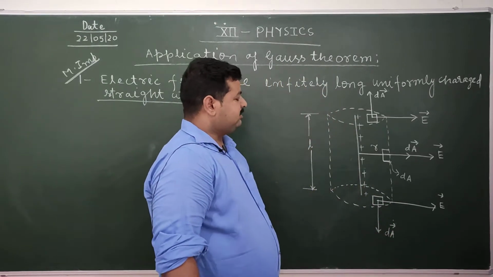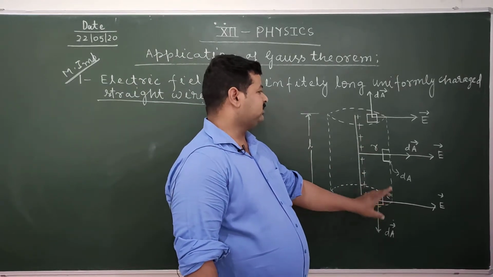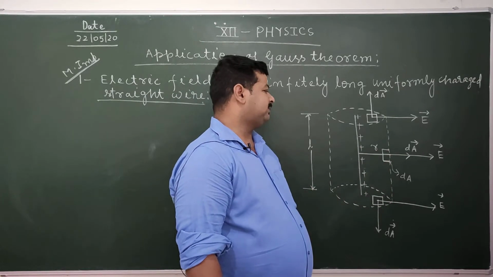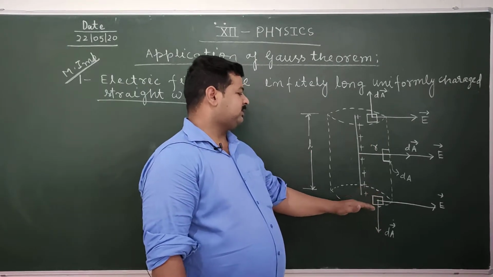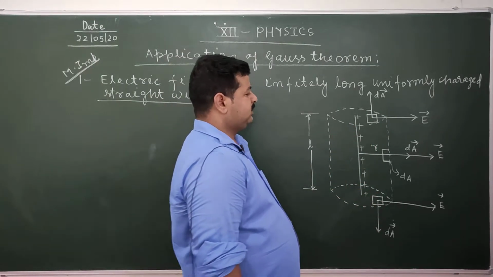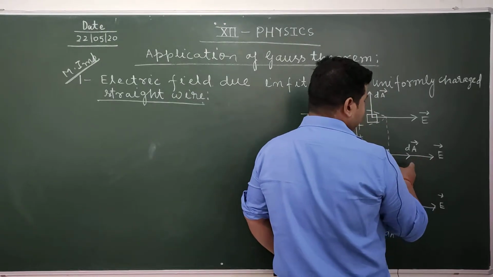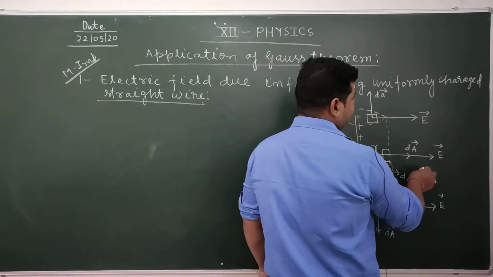From the diagram it is clear there are three surface elements, one on the curved surface of the cylinder and two on the circular parts. Now we write the angle between electric field and area vector in each case.